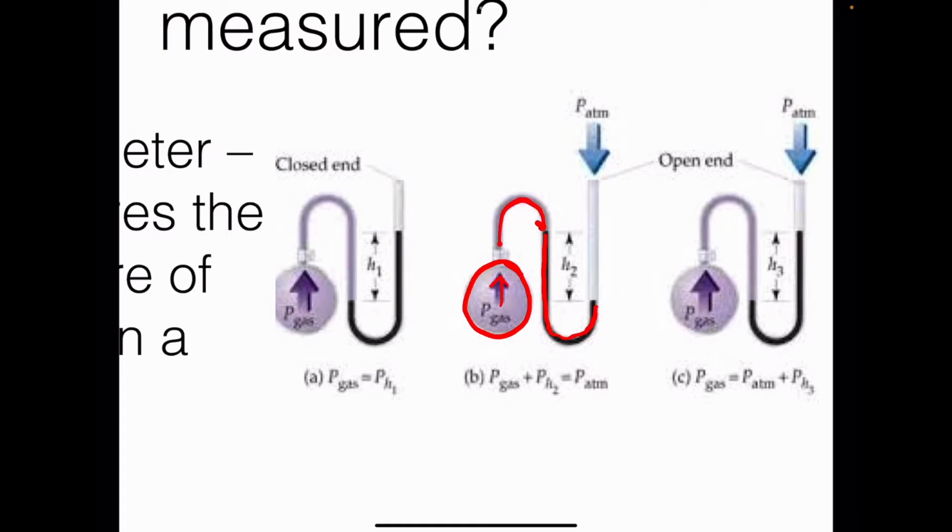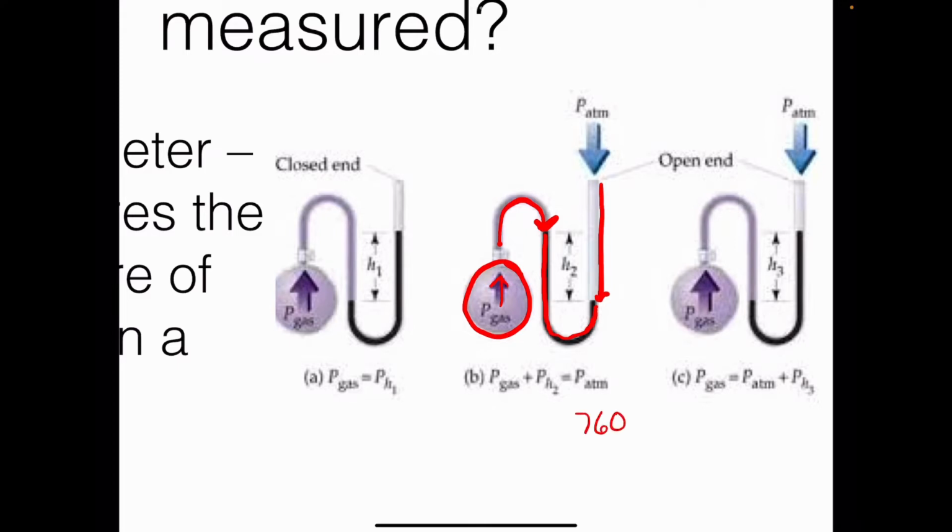So as the gas pushes on this column of mercury, the atmosphere is also pushing down on this column of mercury. So what we're going to see is a difference. One of them is going to be pushing harder on that column of mercury. So here we can see that the atmospheric pressure is pushing just a little bit more on that column of mercury.